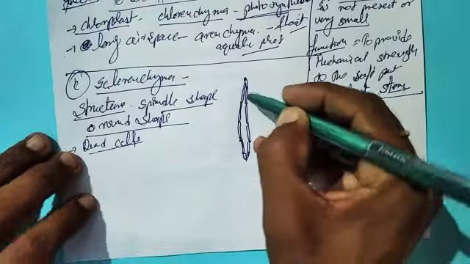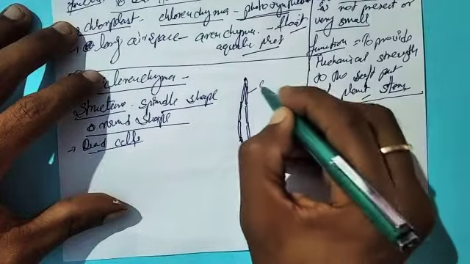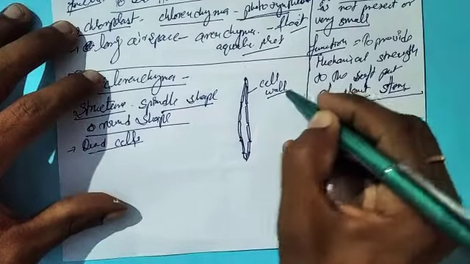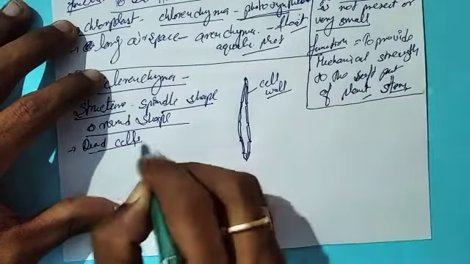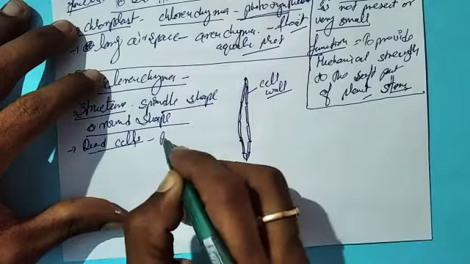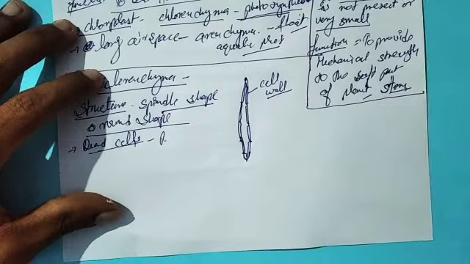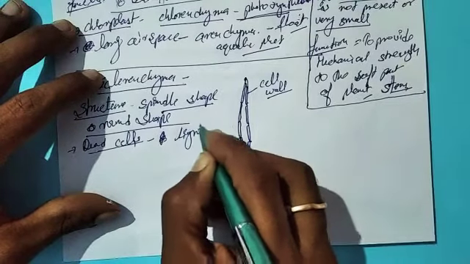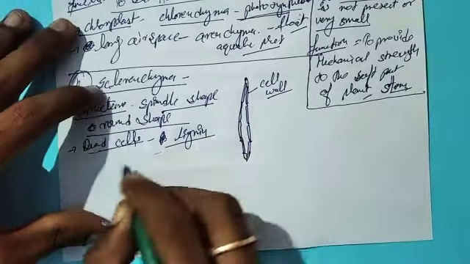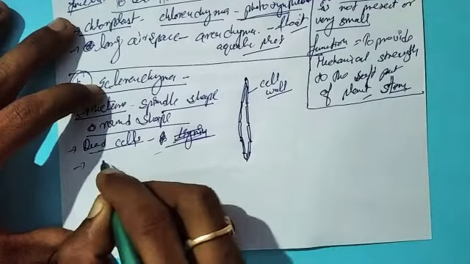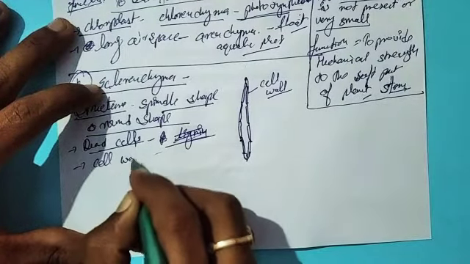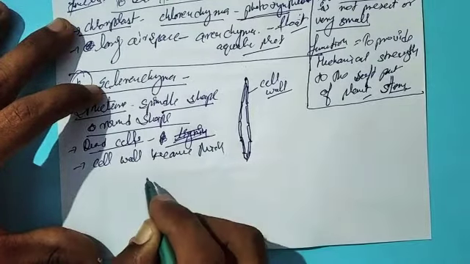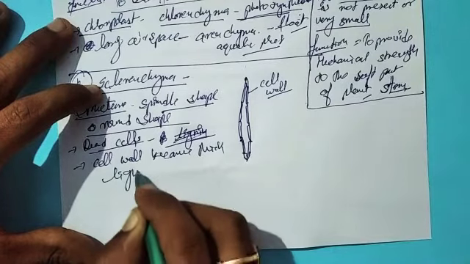Why do they become dead? Suppose this is a cell wall. Their cell wall becomes very thick due to the deposition of lignin. Sorry, not pectin, it is lignin.